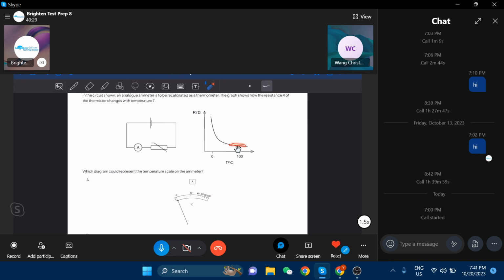This one is quite flat, kind of. So in this section, what happens at low temperatures? The resistance is high, and then, okay, yep. And will it make big changes? Right. So which one is it there, rather A or B?